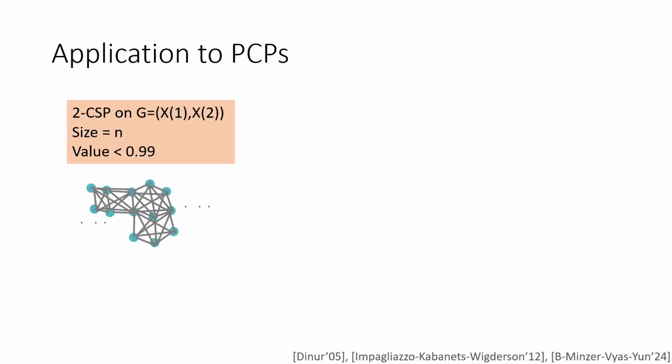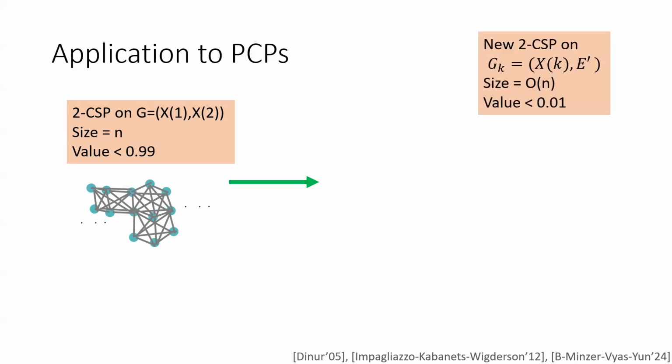Okay, so suppose you have a constraint satisfaction problem on this graph, where all the edges have been labeled with constraints, and you're given that the value is at most 0.99. Then you can construct a new constraint satisfaction problem on a larger graph, which will have value 0.01.